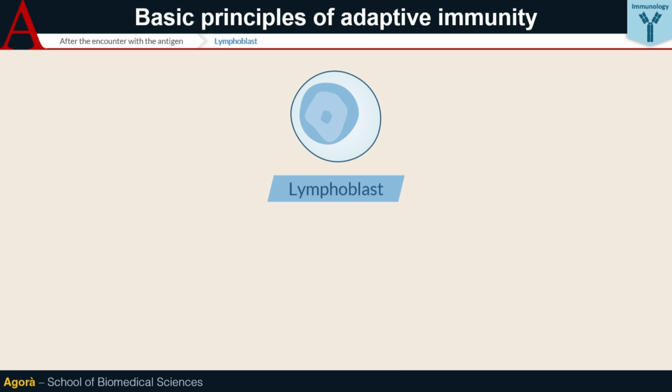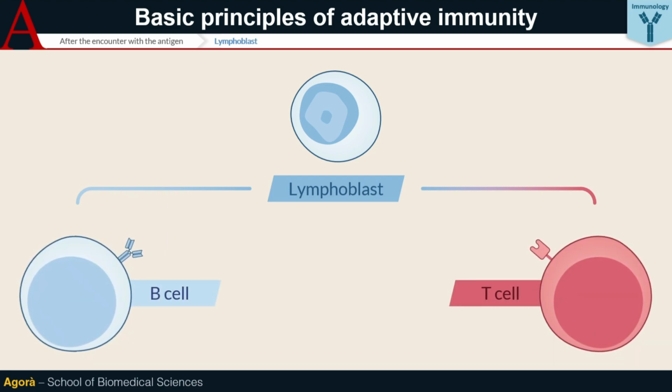Lymphoblasts duplicate at a rate of 2 to 4 cycles every 24 hours for 3 to 5 days. This leads to the creation of 1,000 daughter cells per lymphocyte with the same antigenic specificity, which multiplied by the few hundred different lymphocytes mentioned earlier make up a true action team.